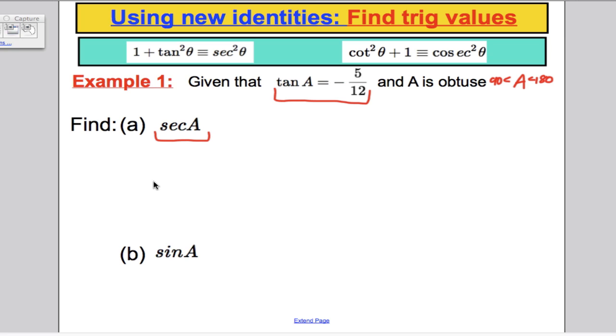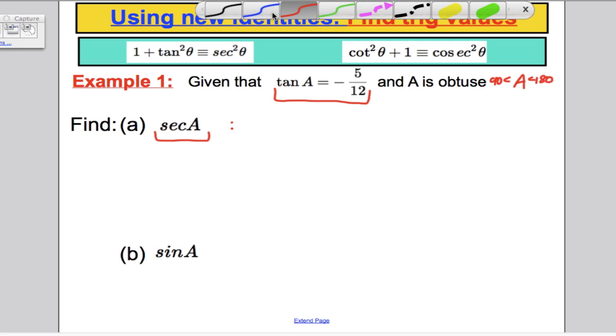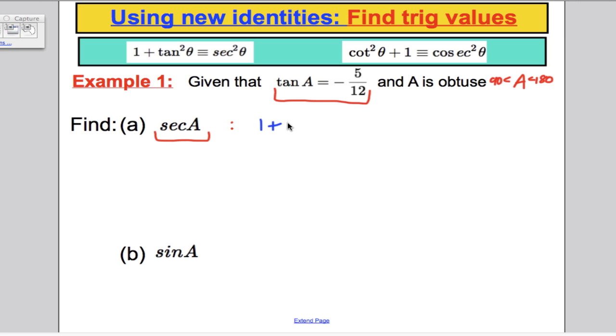Do we know an identity that has tan in it and sec in it? Well, we know this one does. An identity with tan and sec is as follows: 1 plus tan squared of A must be identical to sec squared of A. We've looked through all our identities and we found the one that has a tan and a sec in it, because that will help us find sec.